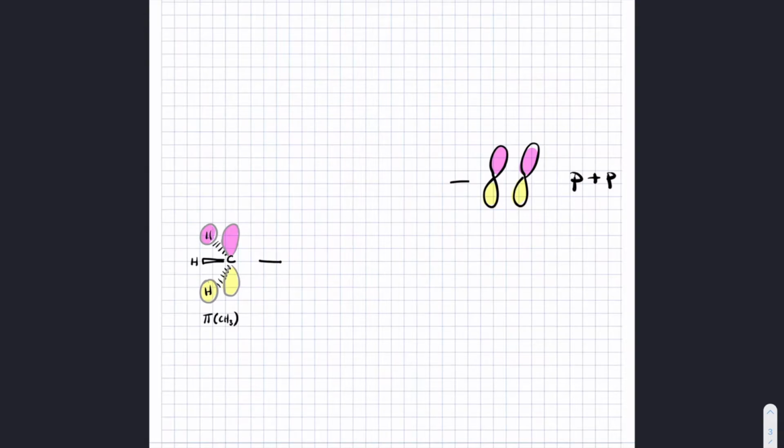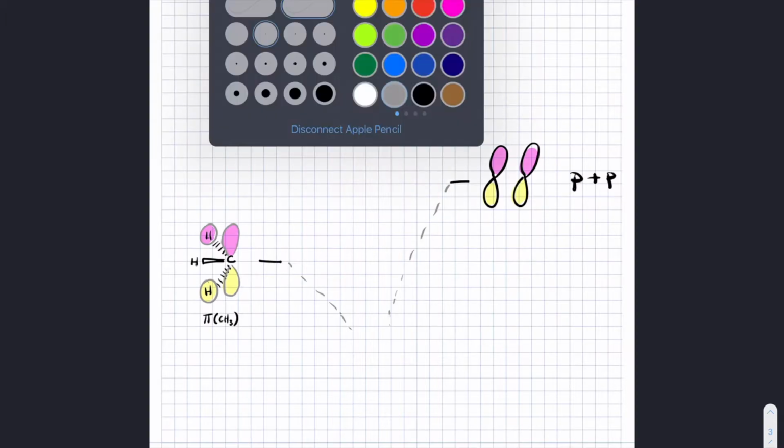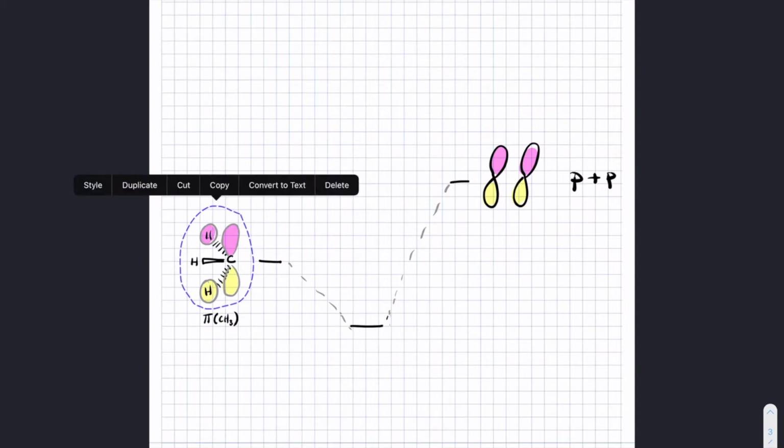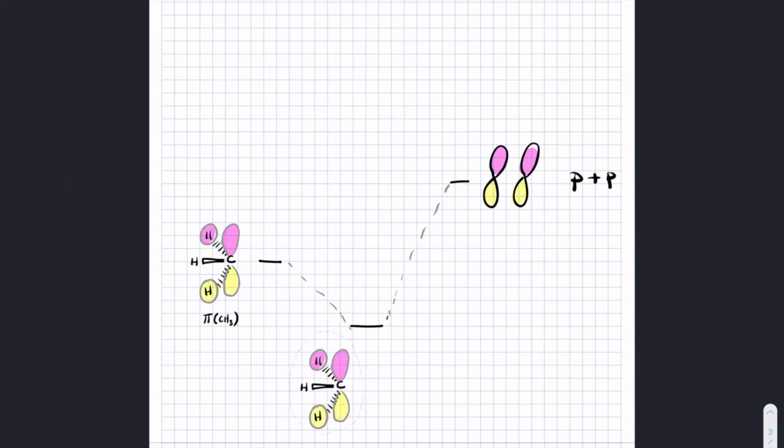If we were to mix these two group orbitals together, notice how they can overlap in phase. And we're going to say it goes down somewhat in energy. We won't say by how much. We'll notice that the combined orbital that we draw should probably be more on carbon than it is on the methyl group than it is on the pi bond.